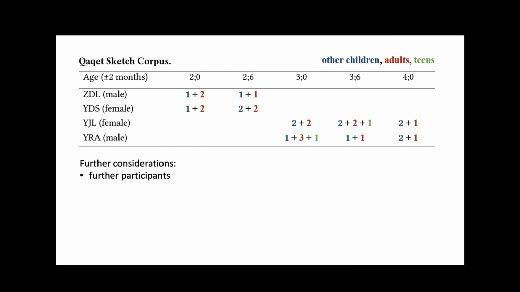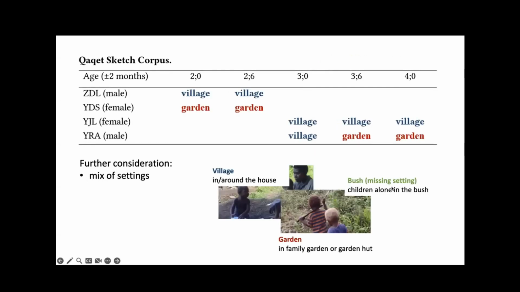It's beautifully natural data, but transcription was severely delayed by that. And then the final slide. Again, with respect to the naturalistic interaction, there are 3 typical settings in the Karket community where children participate.